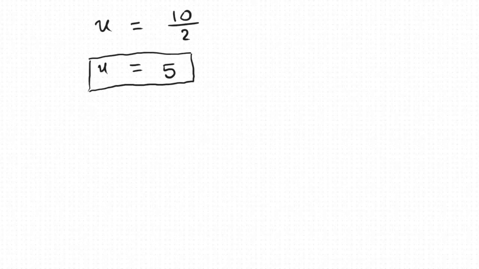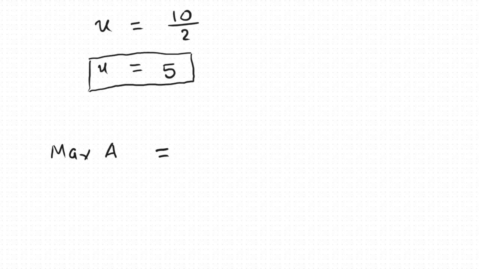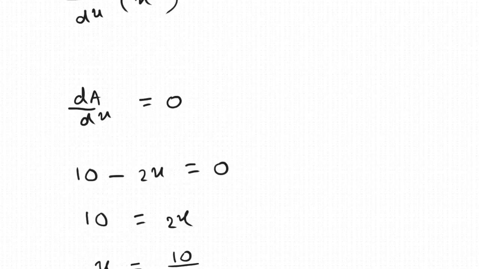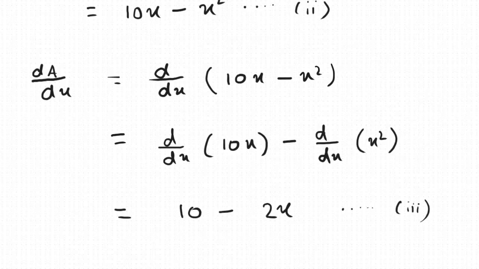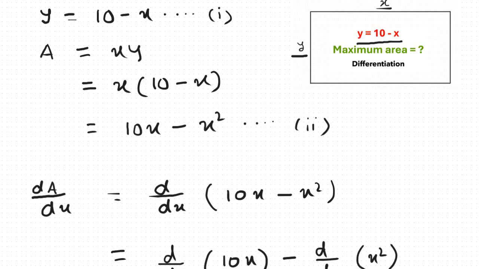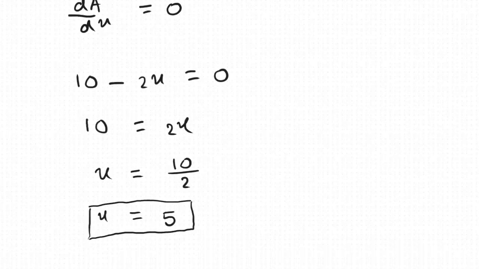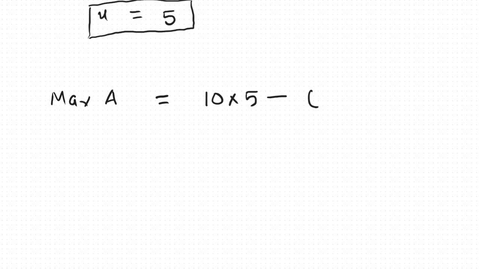So we get maximum A equals 10 times 5 minus x square, which is 5 square. So we can write 5 times 10 is 50 minus 5 times 5 is 25, or 25.